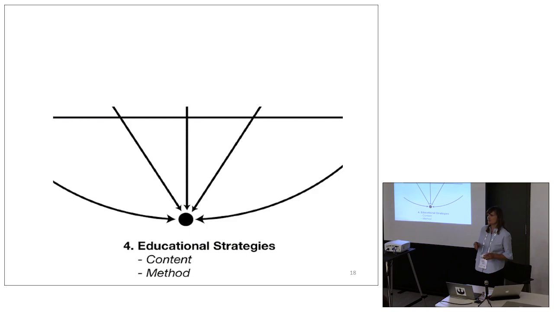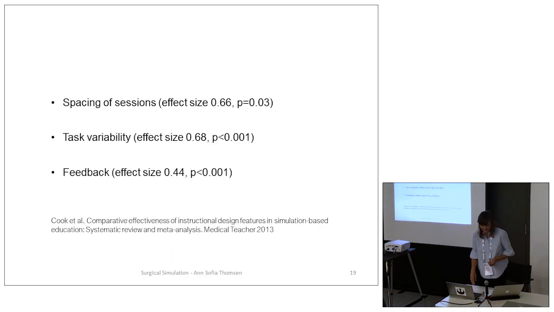After the definition of goals and objectives with your training, you should decide on educational strategies to use. And we've been looking at those who have evidence in order to maximize the learning effect. These have all shown to have moderate effect sizes.